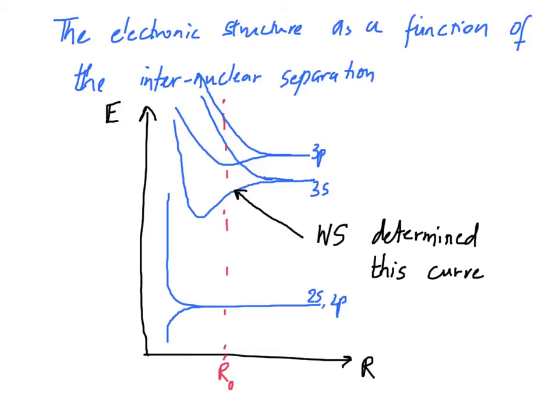You may also be wondering why the bottom part of our 3s level is actually going down first and then going up. That is somewhat easy to understand. Initially, as you keep decreasing your R, the favorable nature of the bonding combination of the wave functions is going to drop the energy down.